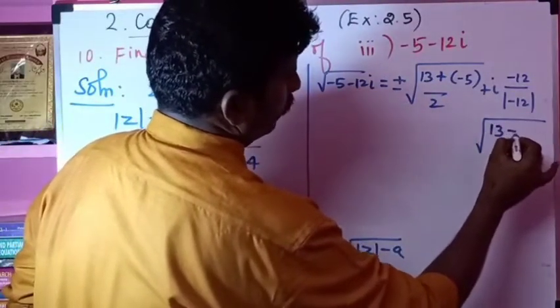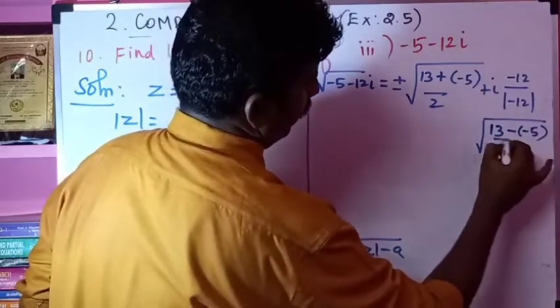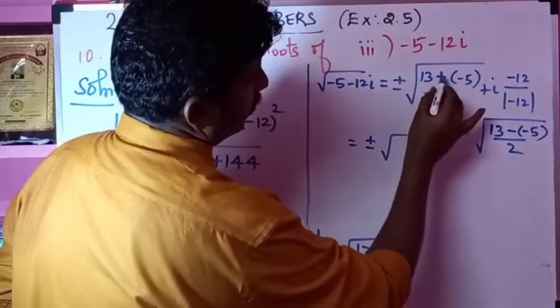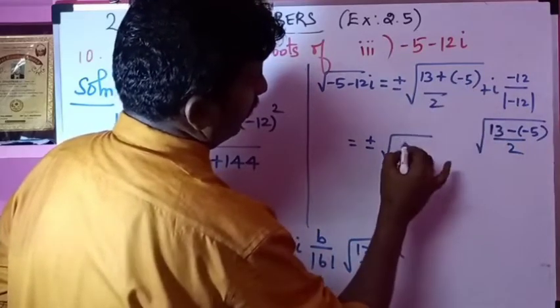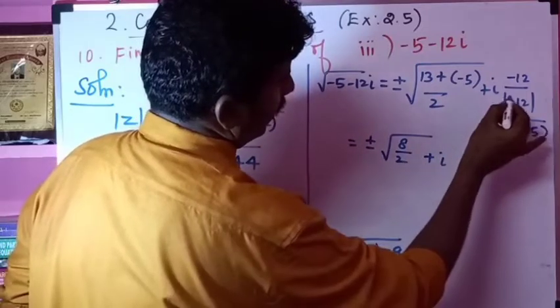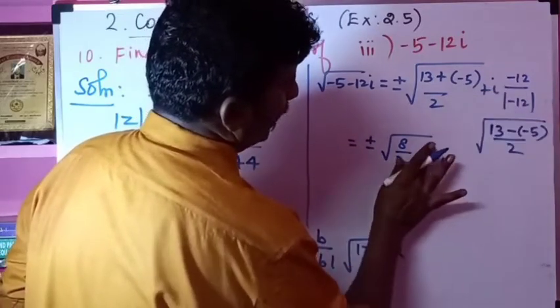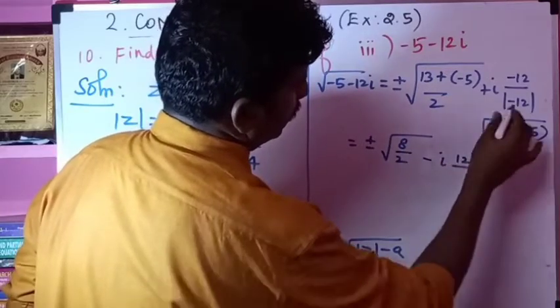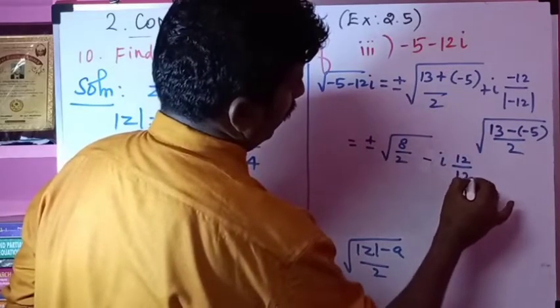minus a value, the minus 5 by 2, which is equal to plus or minus root 13, plus into minus, minus 5, 13 minus 5, the 8 by 2 plus i, minus plus into minus, so minus the 12 by, which is modulus minus 12 plus 12, right?